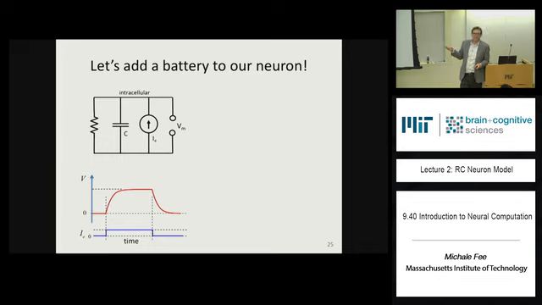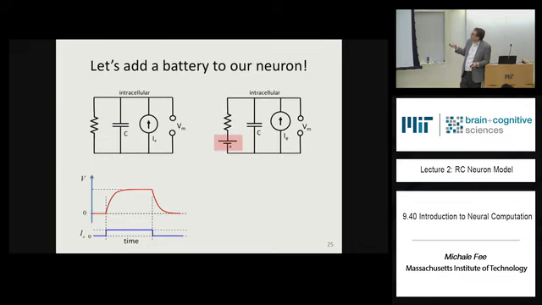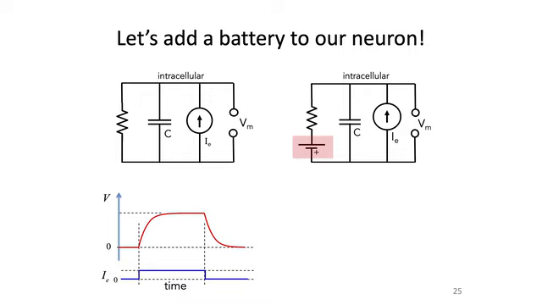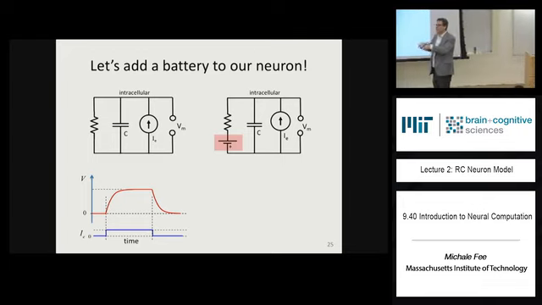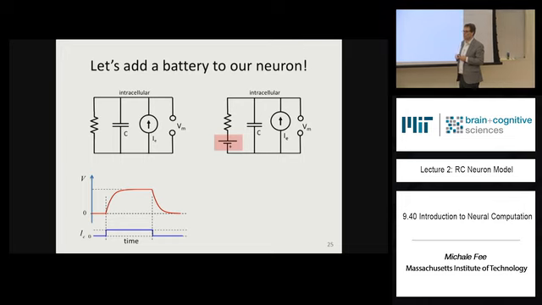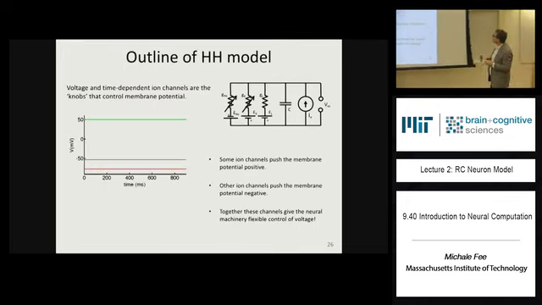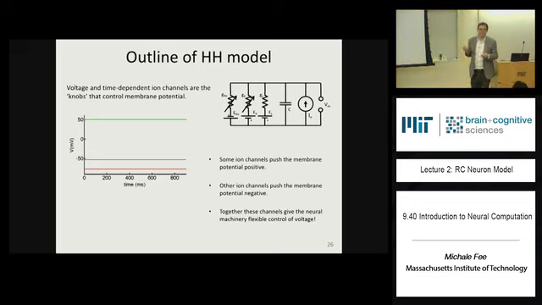So in order to change that, we need to add a battery, okay? And that battery is going to power this thing up, so now it can change its own voltage. And then things start getting really interesting. So how can these batteries allow a neuron to change its own voltage?